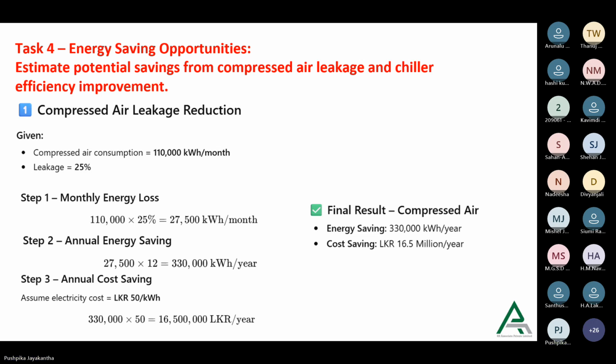Then to get the annual energy saving, you multiply it by 12, and then the annual cost. If you calculate the energy cost here, you can take it as 50 rupees. And from compressed air leakage reduction, you can achieve 16.5 million per year.